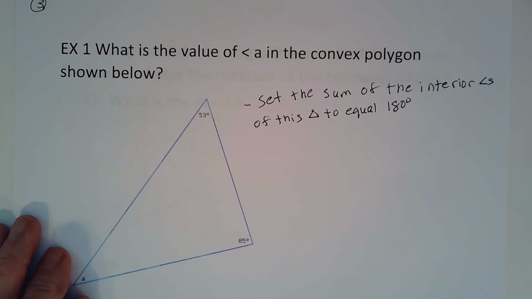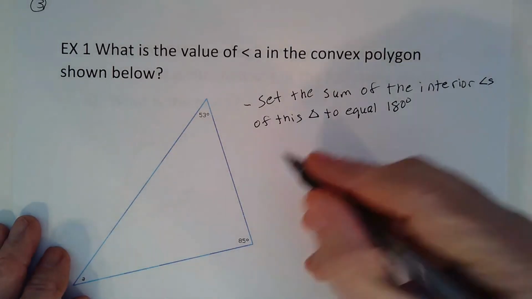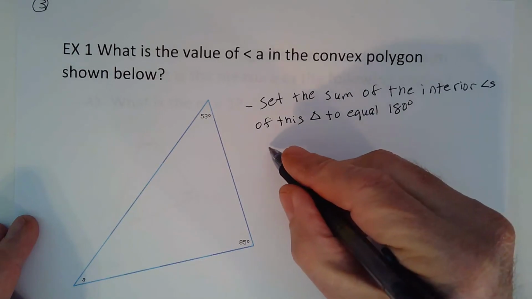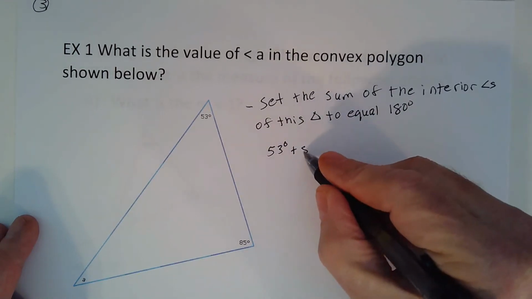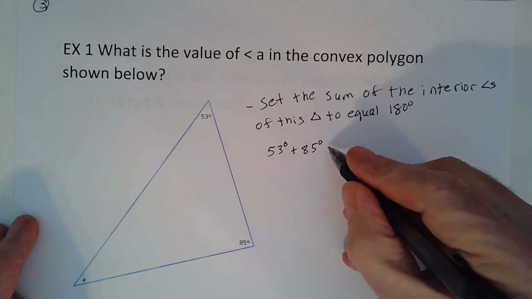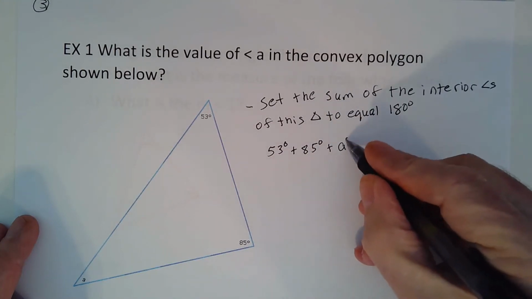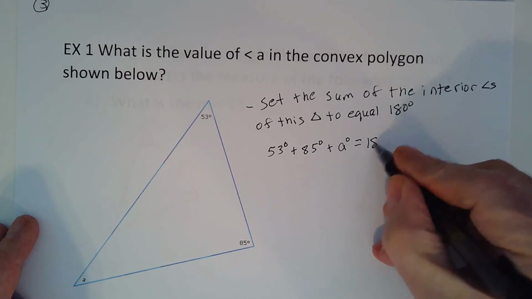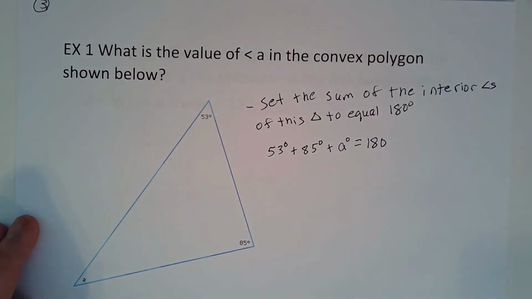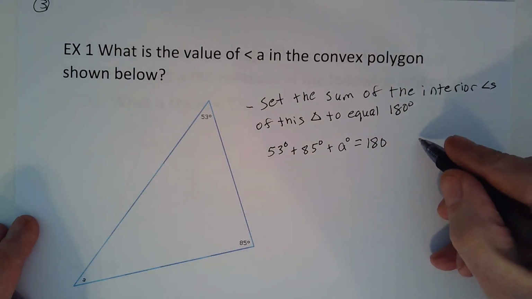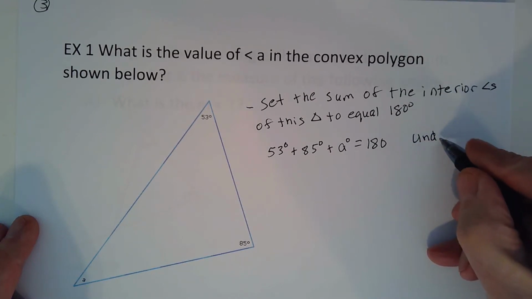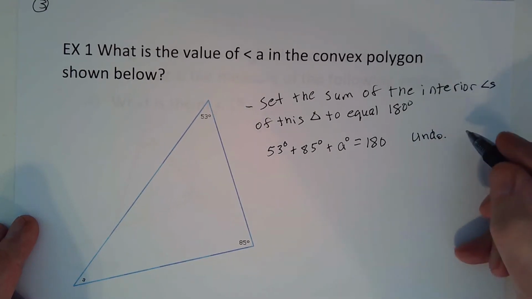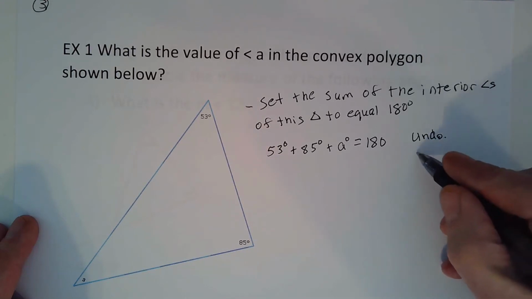We're going to set this up as 53 degrees plus 85 degrees plus A degrees equals 180. What we want to do is undo, but before we can do that, we have to combine like terms.